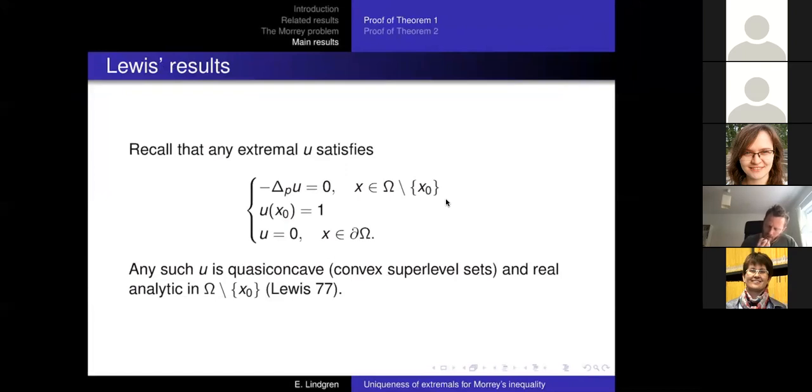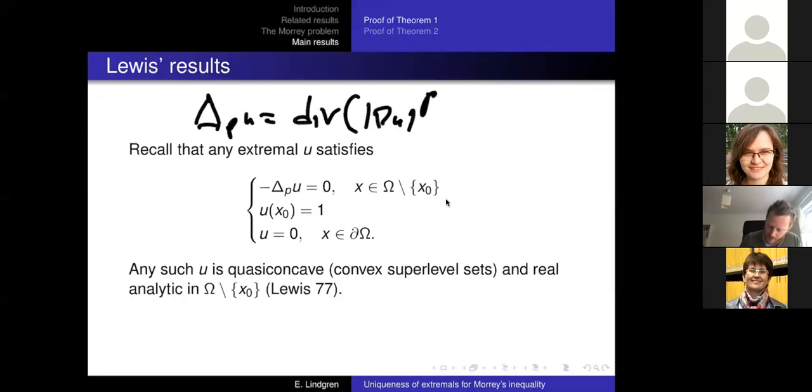So what is known here for these potential functions? First of all, those of you that have studied the p-Laplacian, and I know there are several people here that know much more about the p-Laplacian than I do, know that the p-Laplacian is the divergence of something containing the gradient to a power.